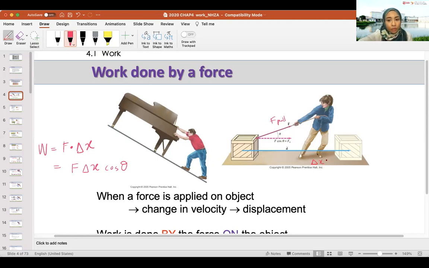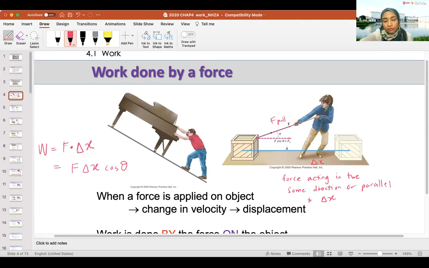Now it's asking what is the force acting in the direction of displacement. Force acting in the same direction as displacement ataupun parallel to displacement, to delta X lah.